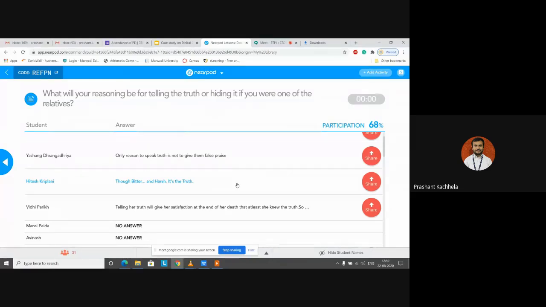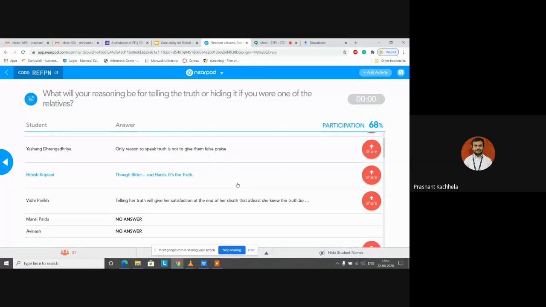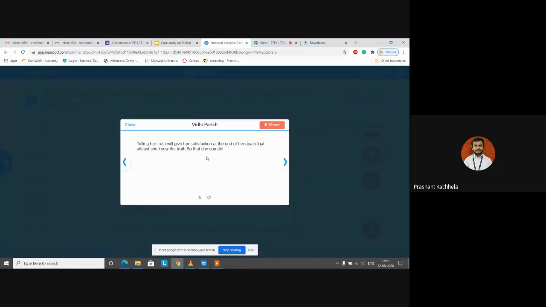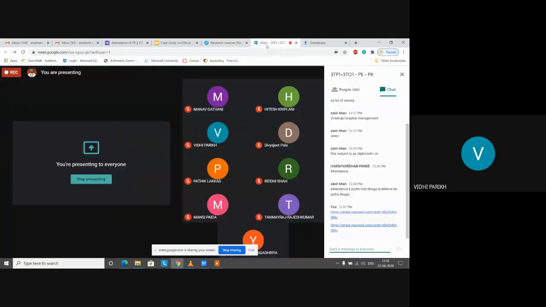Hitesh is saying though bitter and harsh, it's truth. Okay. Vidhi is saying telling her the truth will give her satisfaction at the end of her death, and at least she knows the truth so that she can die peacefully.